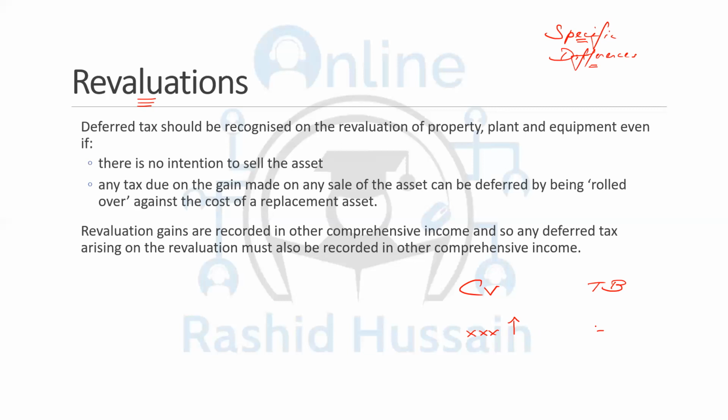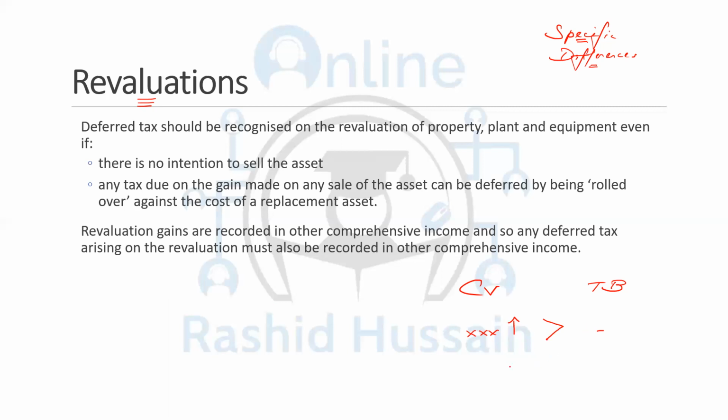Because when you're revaluing your asset, no one is making you the payment. It's just a movement in the value of the asset. So the tax base remains static because the taxation authority is not going to accept the revaluation. As a result, the carrying value becomes more than the tax base.